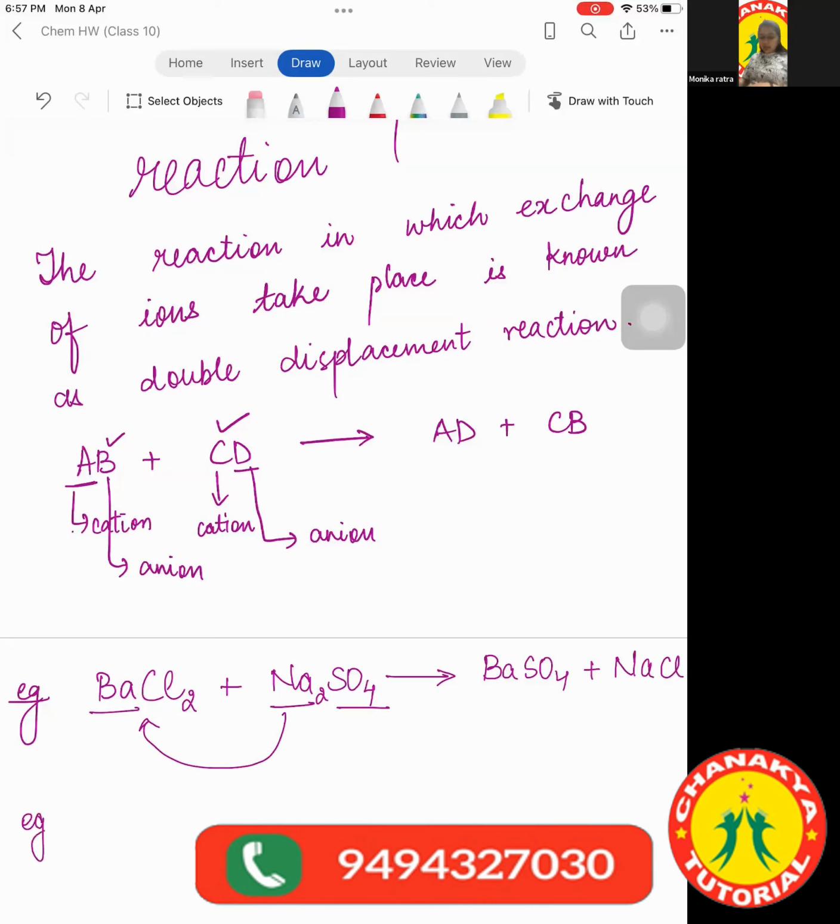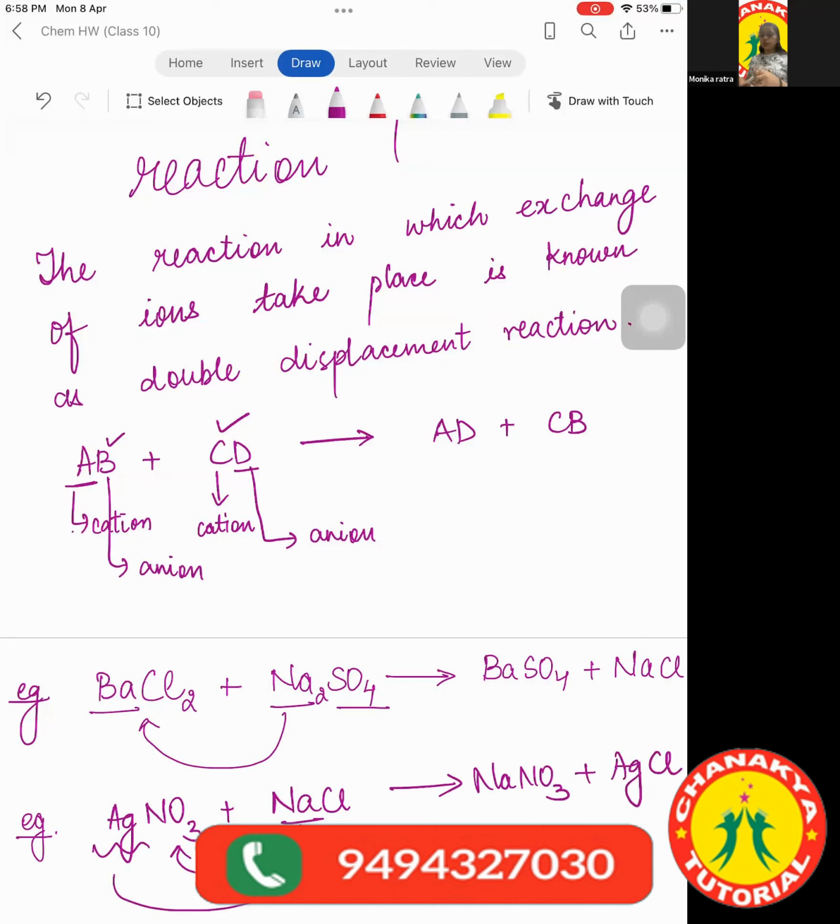Another example I can take for you is AgNO3. It reacts with NaCl. Now what will be formed? Na will react with NO3, so it will be NaNO3, whereas Ag is going to react with Cl. And what will be formed? AgCl.